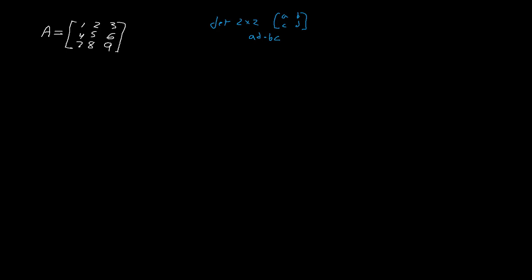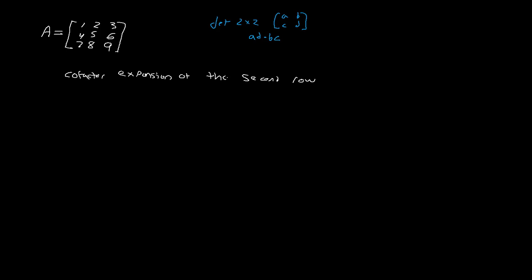And so what I want to do in this example is the cofactor expansion of the second row. So let's go ahead and look at the cofactor expansion of the second row.